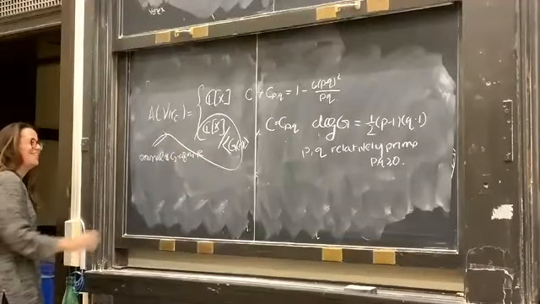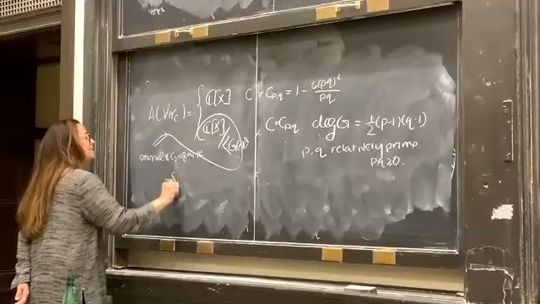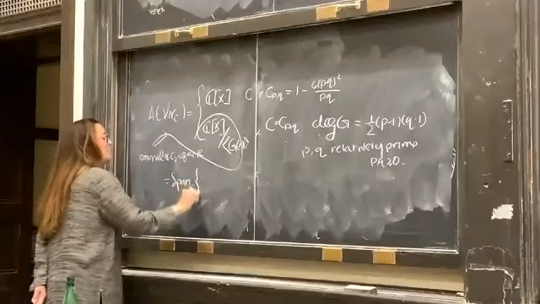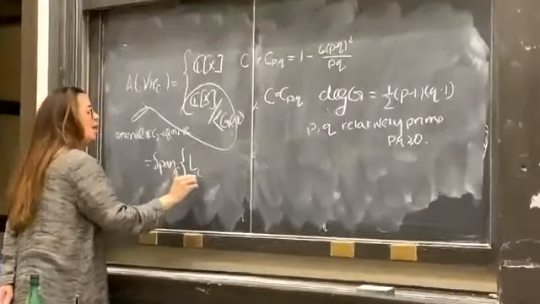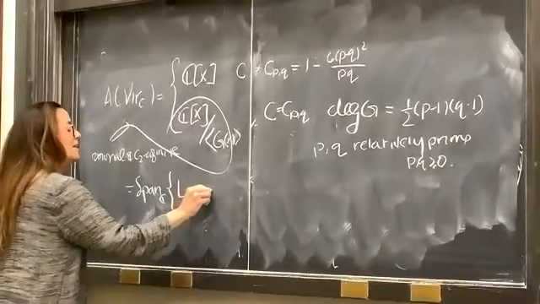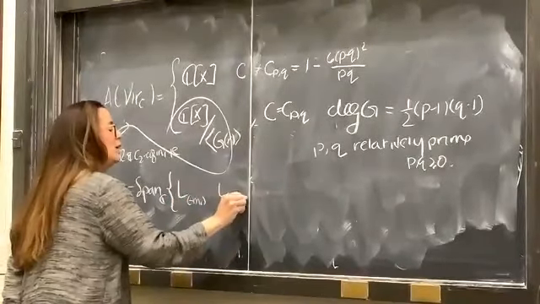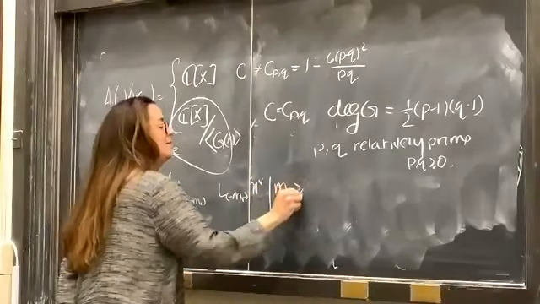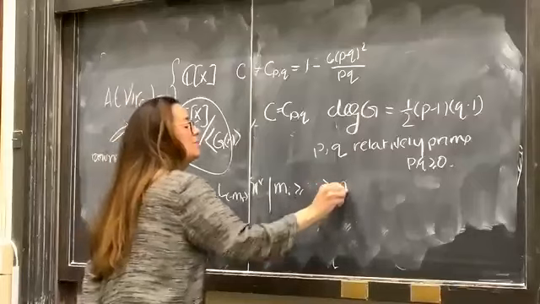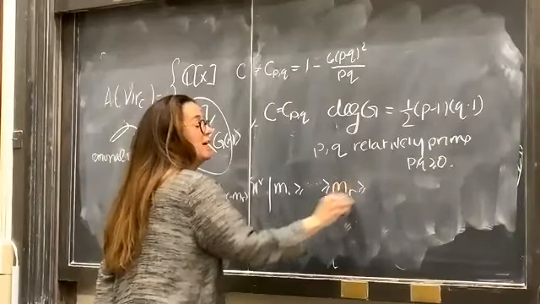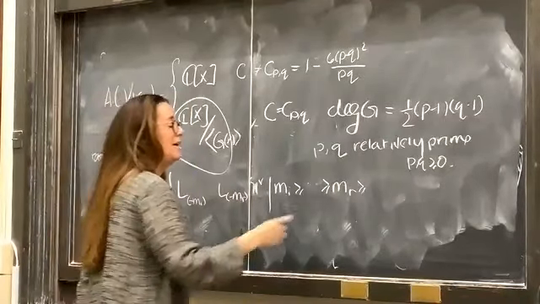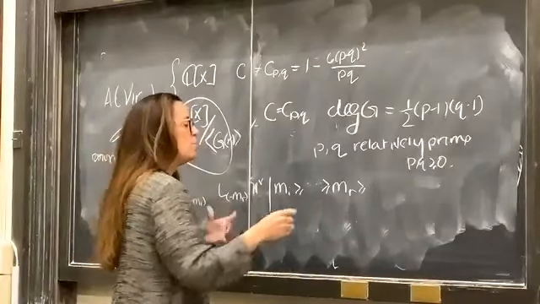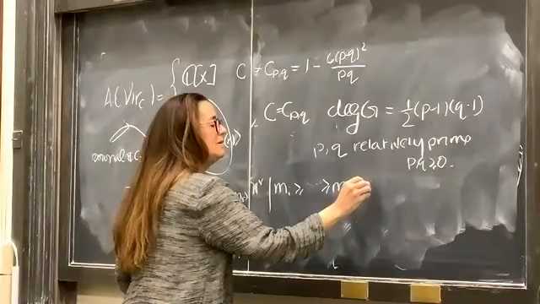These are not generated in degree 1. As a vector space it's spanned by elements that look like L_{-m_1} ... L_{-m_r} times 1, where m_1 ≥ ... ≥ m_r. You can arrange using a commutator formula for these to be decreasing.